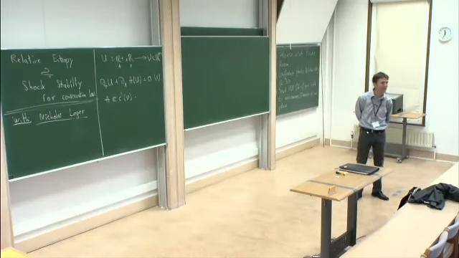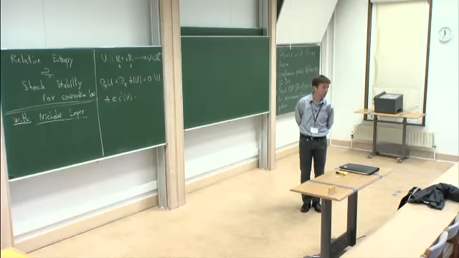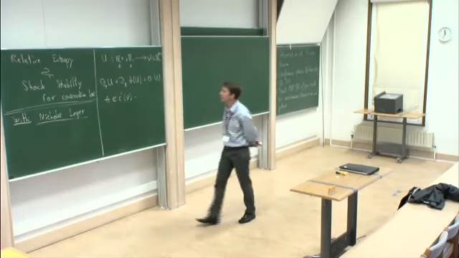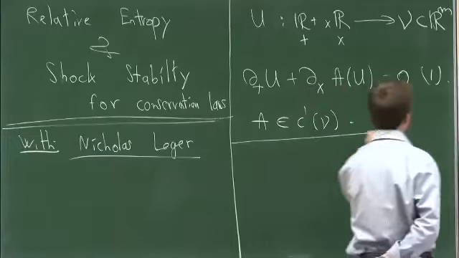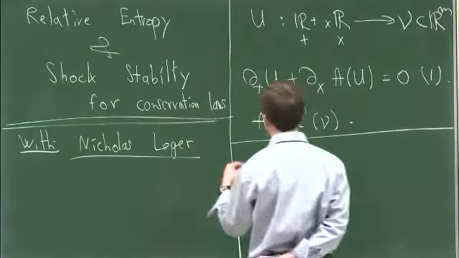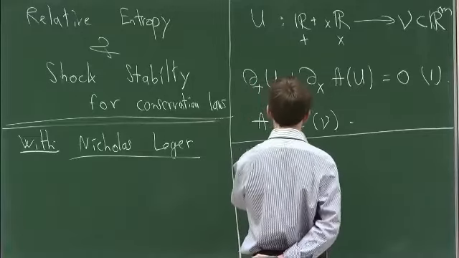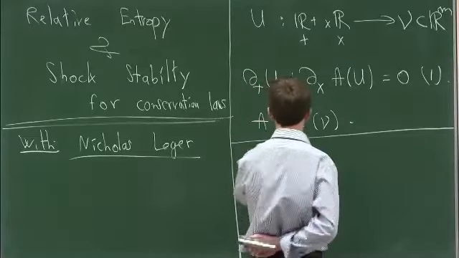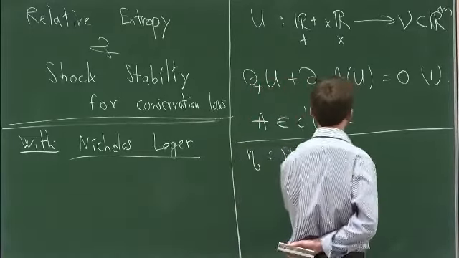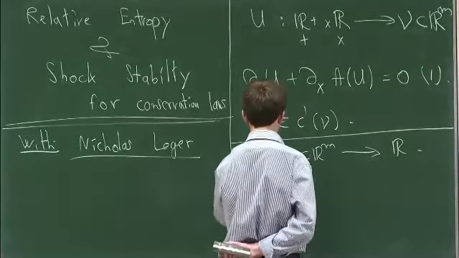I'm mostly interested in fluid mechanics, for instance, the compressible Euler equation, full with temperature or not. And in this situation, I will consider only such systems which have a convex entropy. This means there is an eta, which goes from U, which is in R^m, to R, and I want it strictly convex.